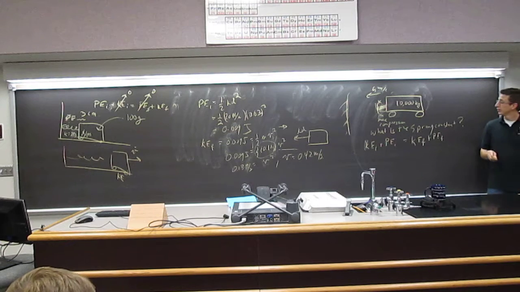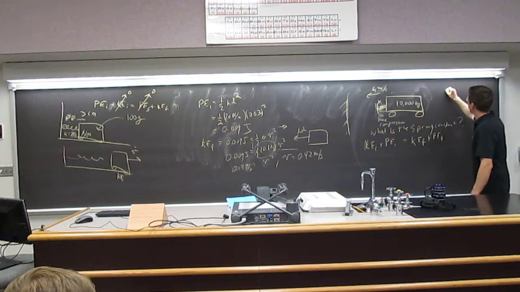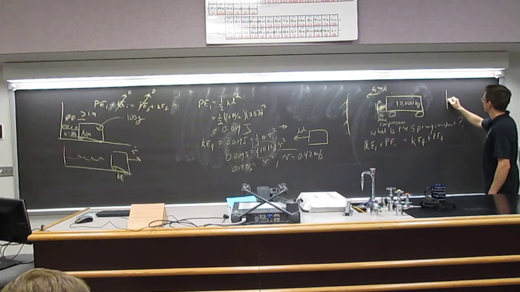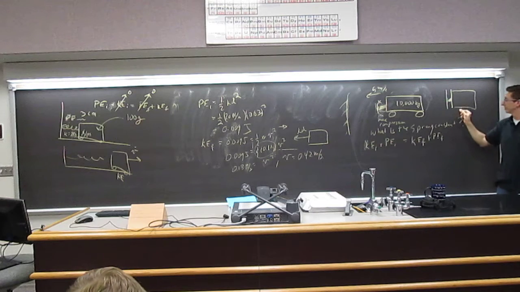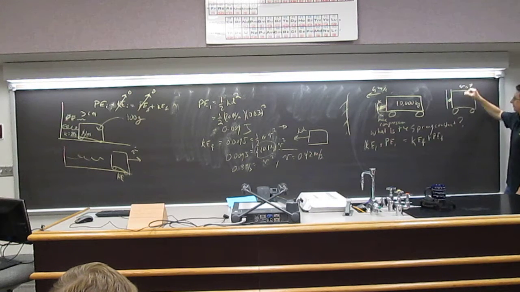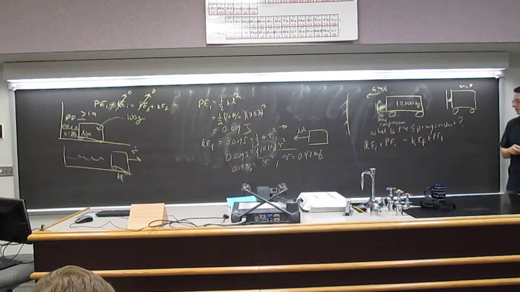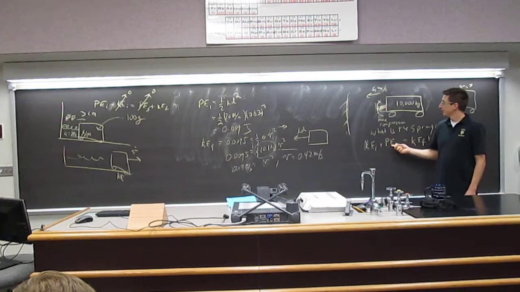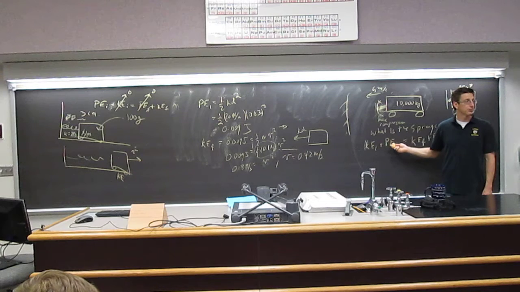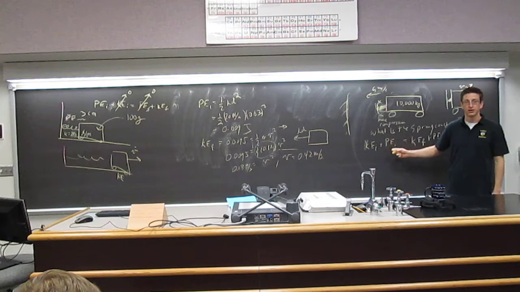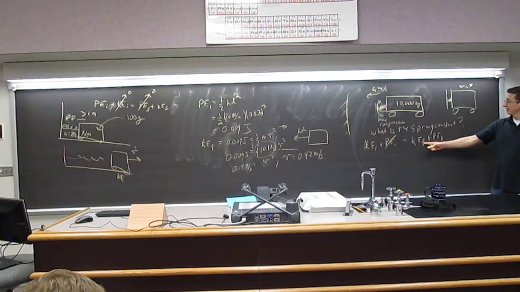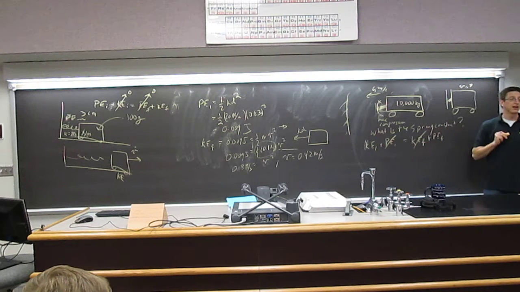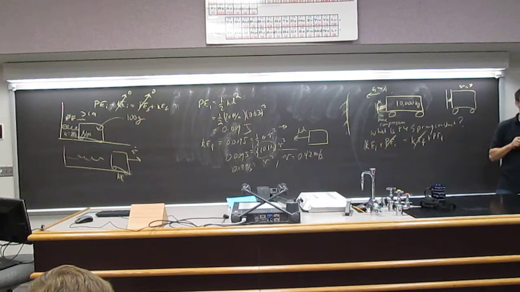Initially, there's no potential energy, because the spring is not being compressed. In the final situation, we want the spring to be compressed by 1 meter and there's no kinetic energy, since we want it to be at rest.